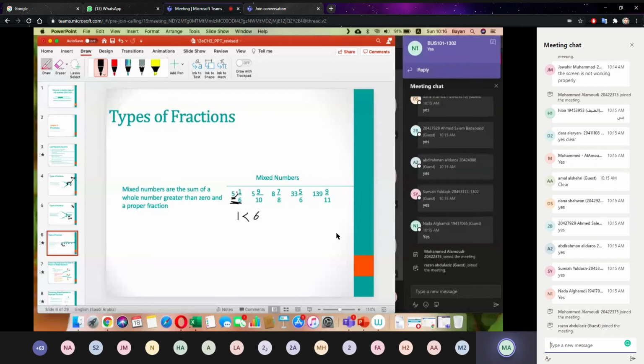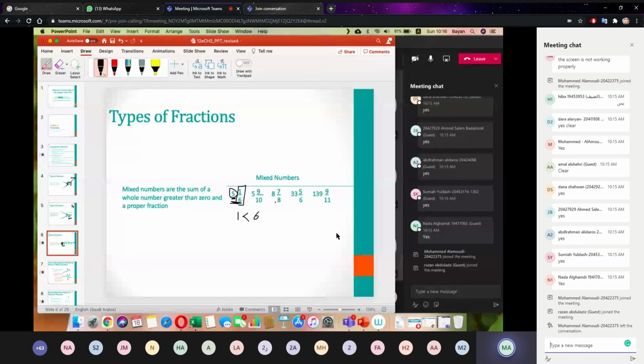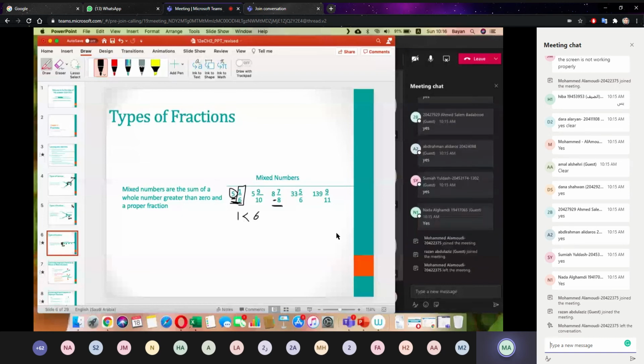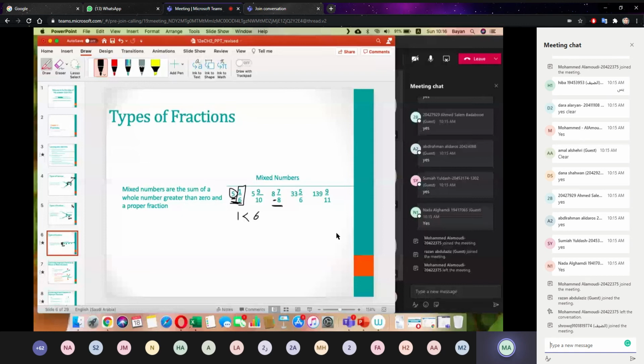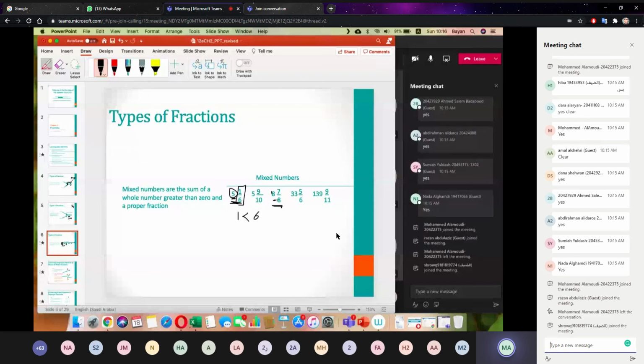We have whole number and proper fraction. So 1 is less than 6, so 5 with 1/6, we call it mixed number. Here we have 8 with 7/8. This one also mixed number. Whole number here, and 7 is less than 8. Here we have 33 with 5/6.